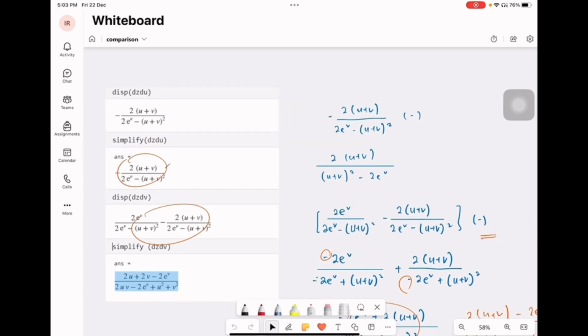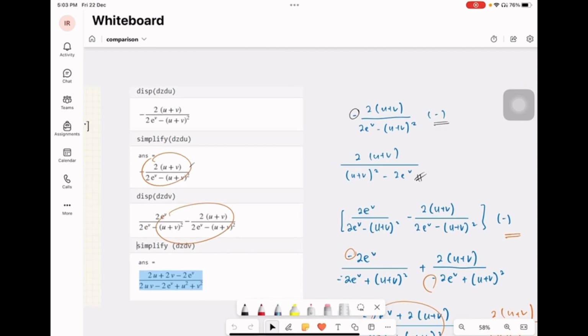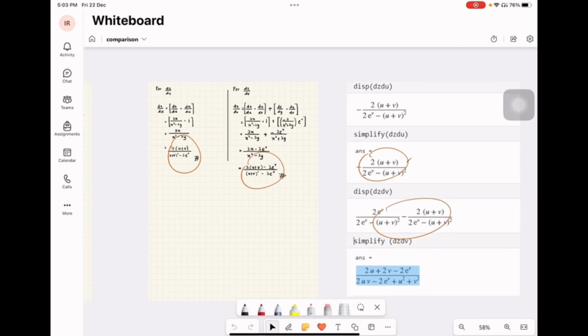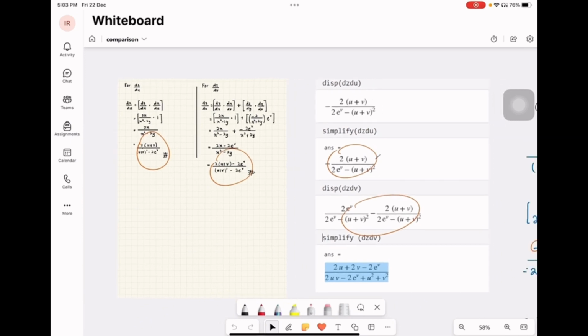In the MATLAB simulation answer, the negative sign is not removed, so I have multiplied by a negative sign to get a neater answer. This is the final answer for the MATLAB simulation, and the MATLAB simulation answer and the manual calculation are aligned with each other after we compare them.